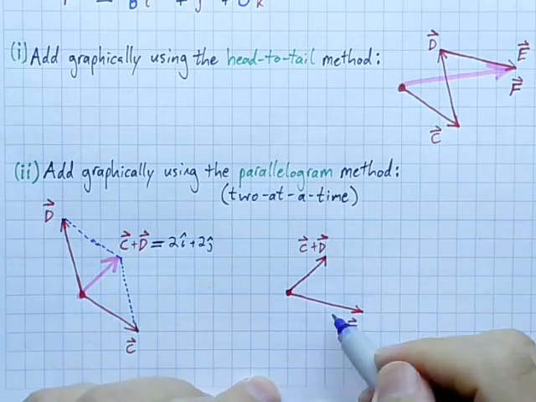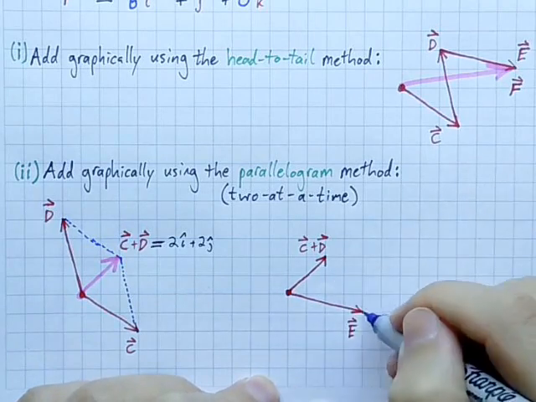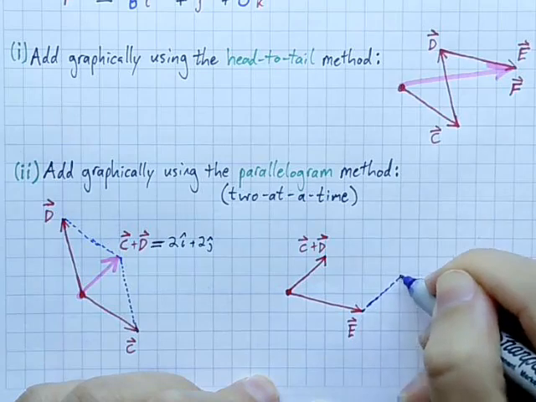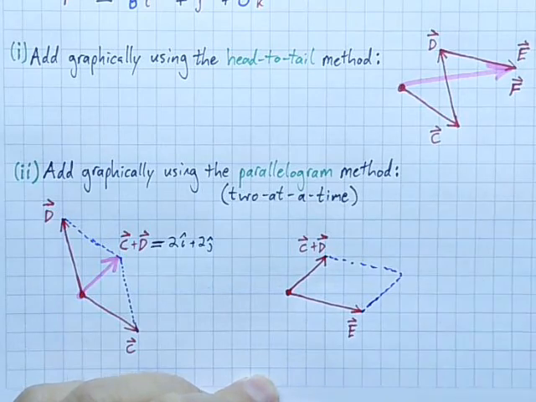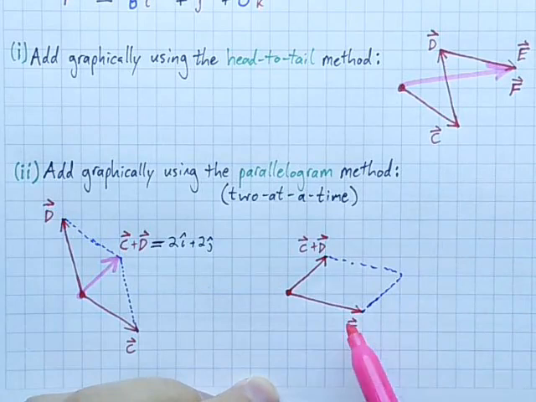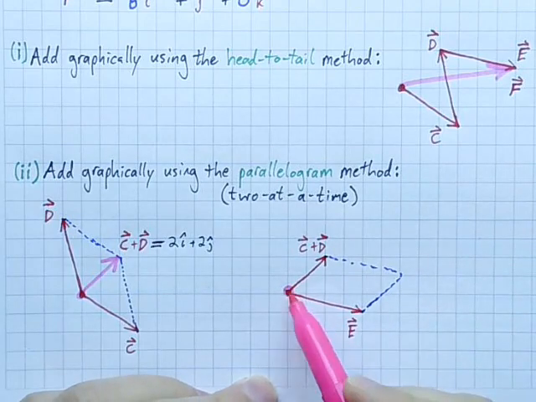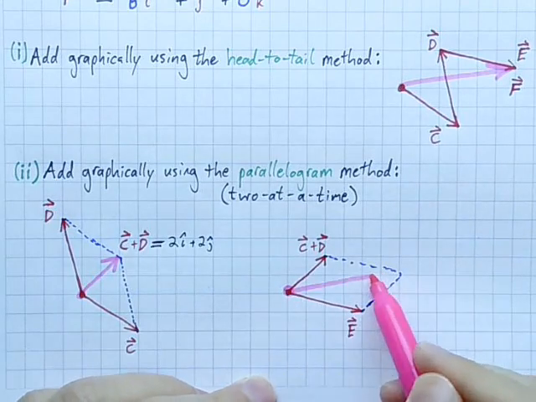So make these two the sides of a parallelogram. We need another side that will be parallel to C plus D, and then a side that's parallel to E. Draw in that parallelogram, and the sum of C plus D plus E will point from the corner where the tails are to the opposite corner of your parallelogram.